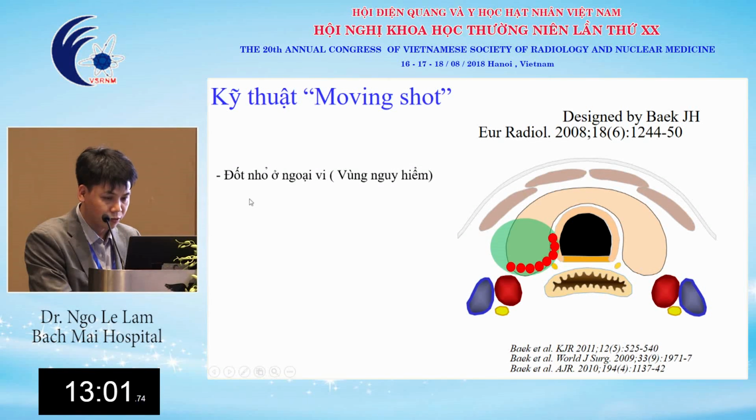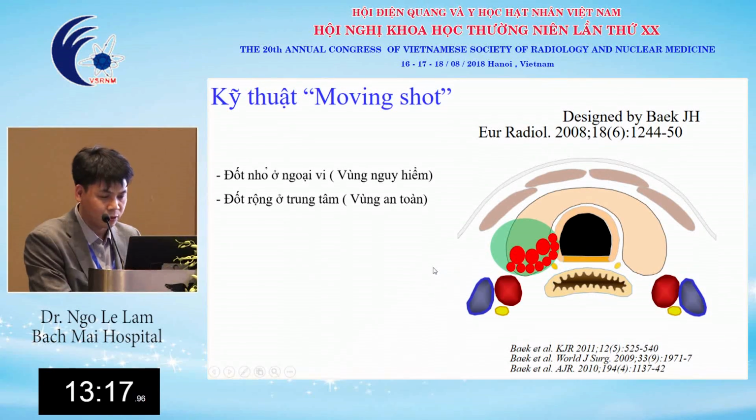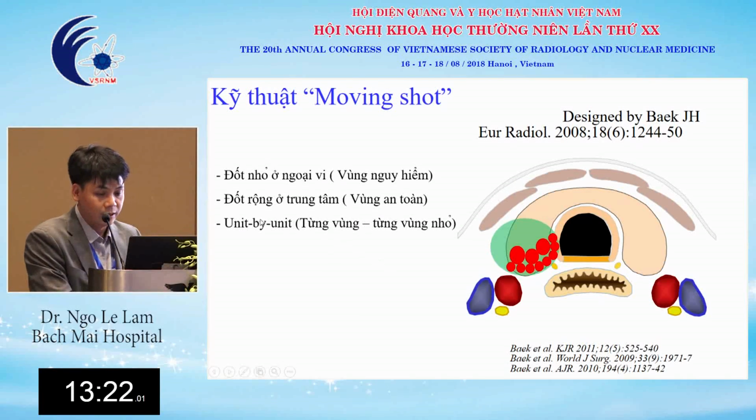So in this case, we burn one by one in a very small spot. In the dangerous area, we burn very quickly with a very small spot, and in the center of the lesion we can have a larger spot.